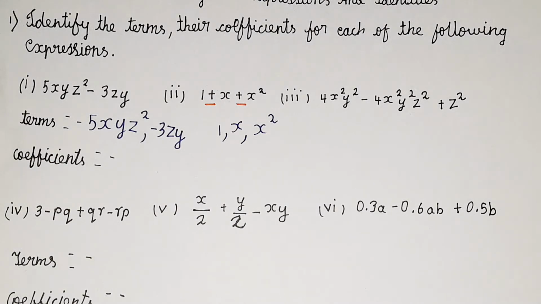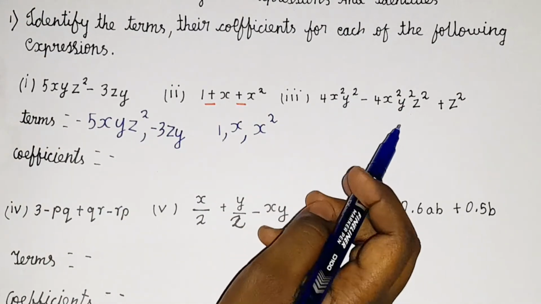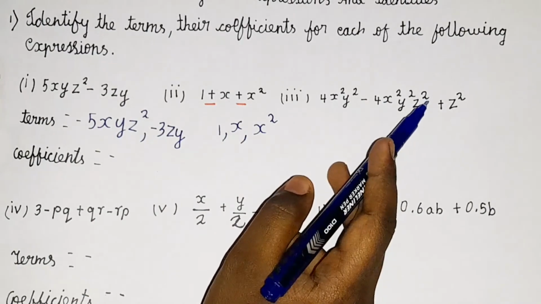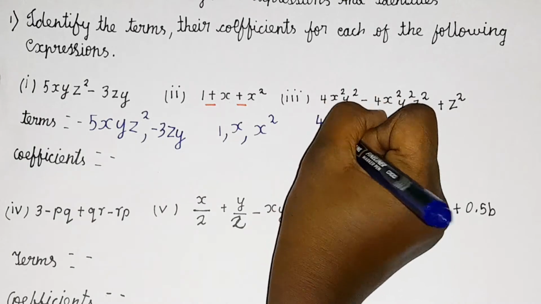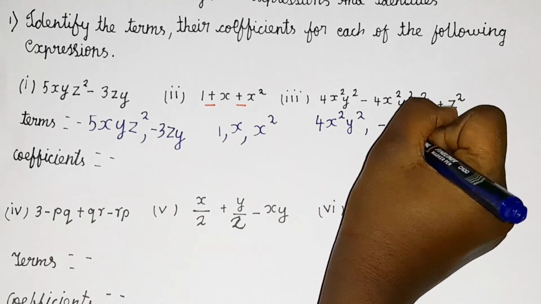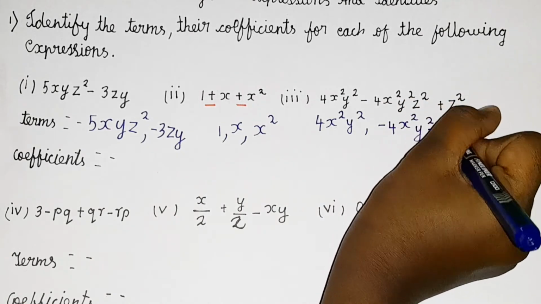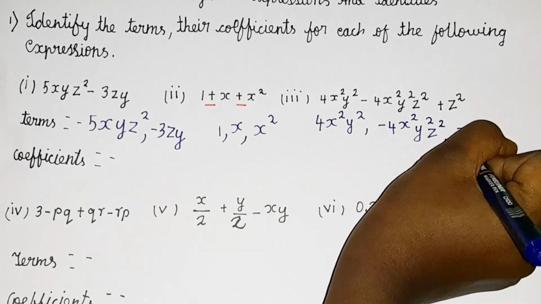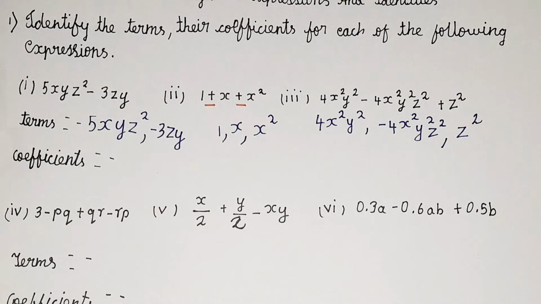The next question is 4x square y square minus 4x square y square z square plus z square. Here the terms are 4x square y square, comma, minus 4x square y square z square, comma, z square. You might wonder why I am not mentioning the plus sign but I am mentioning the minus sign.